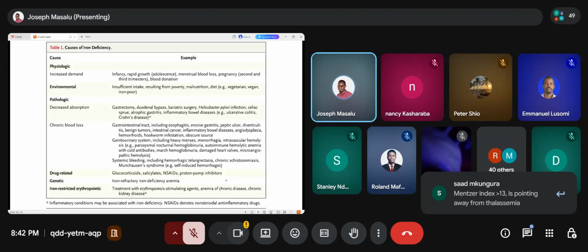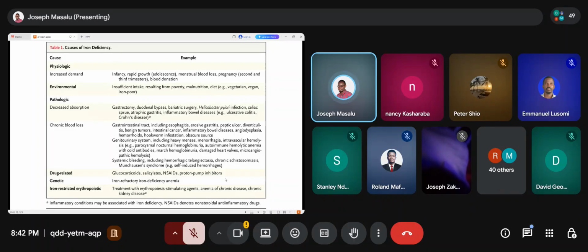This is a 2015 article in the NEJM, and it's very comprehensive as far as iron deficiency anemia is concerned. I read it and came up with some stuff that we'll see. You can see stuff here which is not telling of the patient. For example, increased demand: this patient is not in that category.